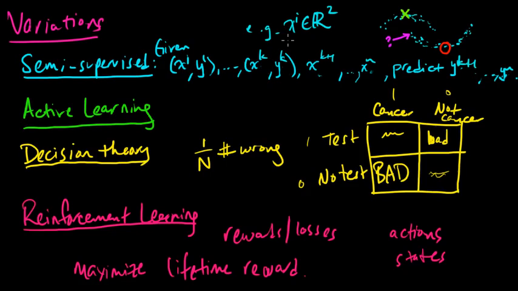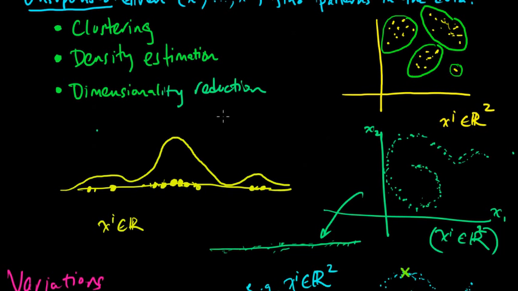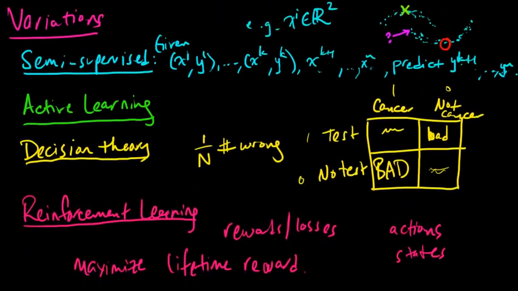So at least in my opinion, a lot of the very interesting things going on right now are in these areas: semi-supervised learning, active learning, unsupervised learning, the dimensionality reduction I mentioned earlier. These kinds of things are where the action is.